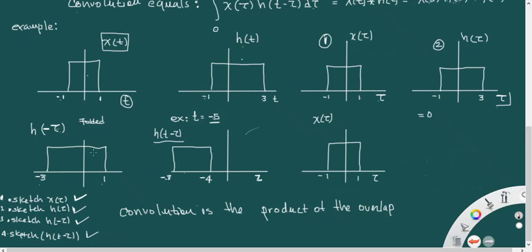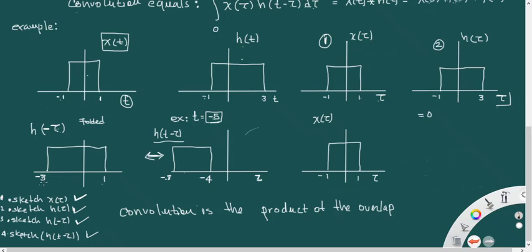So the variable will be the t value. Tau is only the reference. This is the reference value for the original function, and we are going to shift this h of t minus tau to the left or to the right according to the t value. For example, if we calculate the h of t minus tau with t equals -5, then that's an easy one.